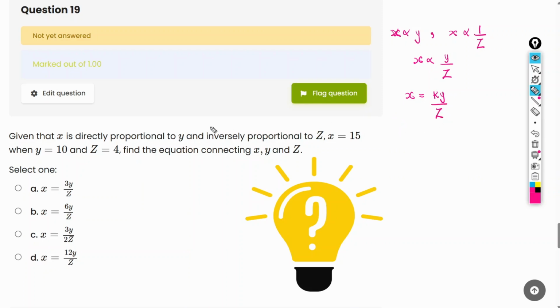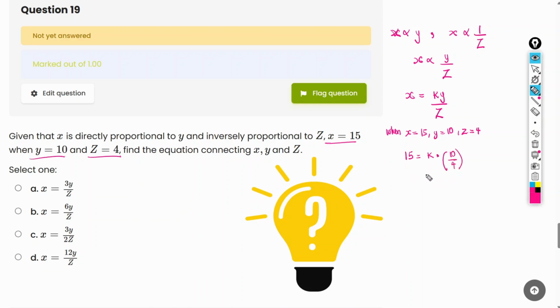We'll use the relationship that they gave to us to now set up the value for k, so we can get the actual equation. We have that when x is 15, y is 10, and z is 4. So I'll throw all of that in. I would have 15 is equal to k times 10 over 4.